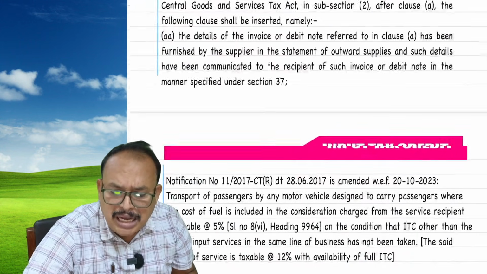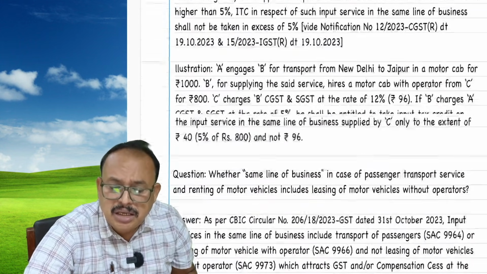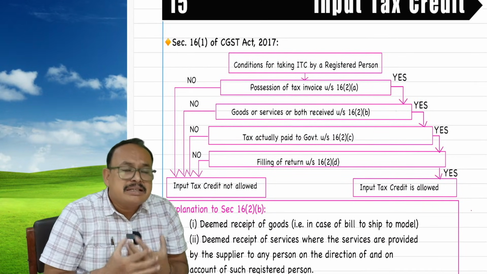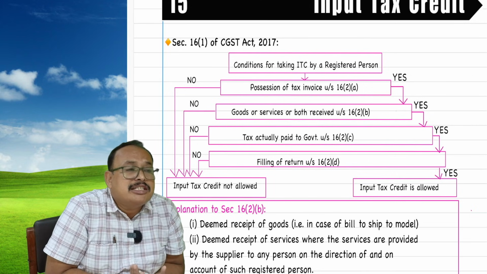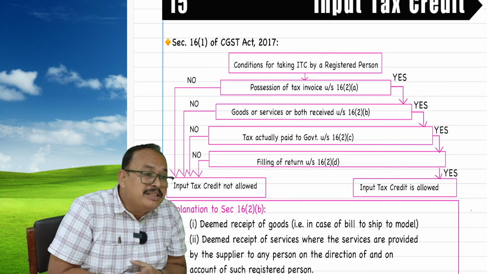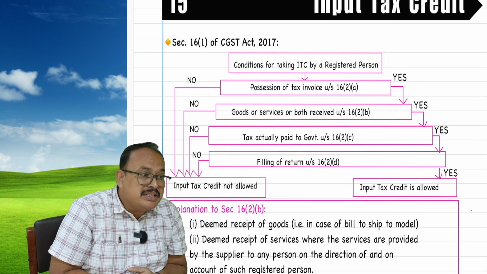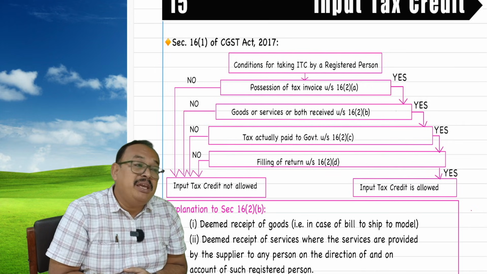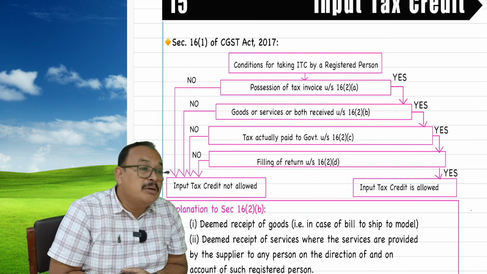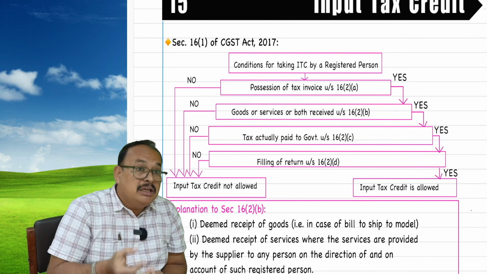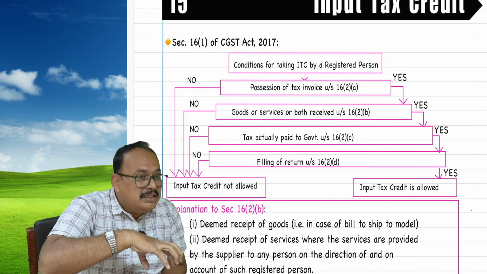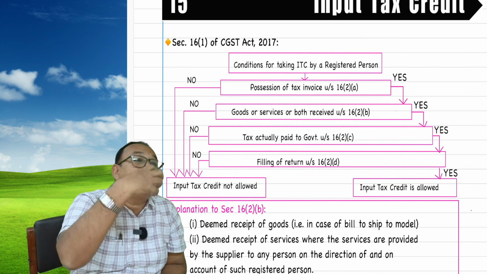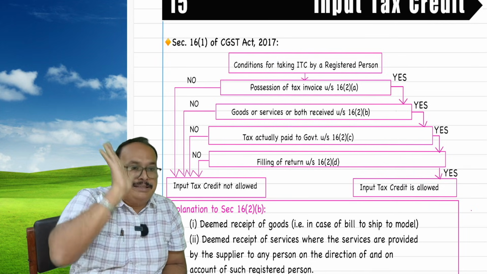Thereafter, we have clause B. Clause B talks about the recipient should receive the goods or services. Section 16, subsection 2, clause BA, talks about the credit being reflected in the books of accounts of the recipient in the GSTR-2B as eligible credit.